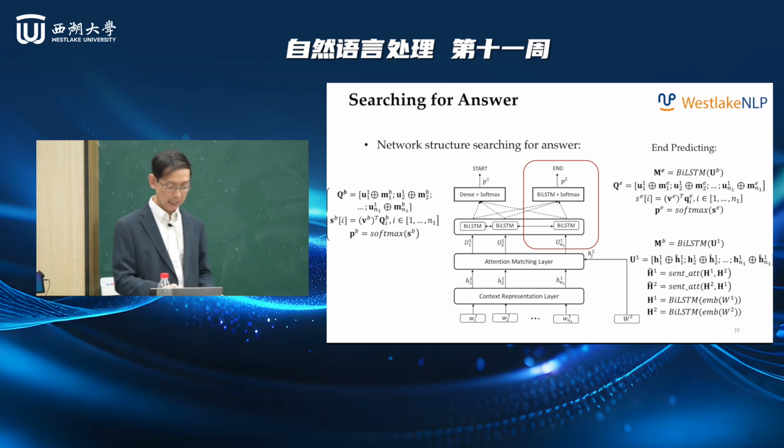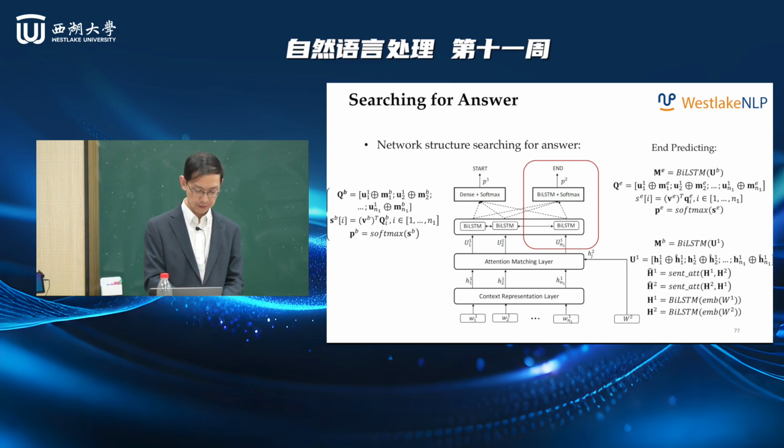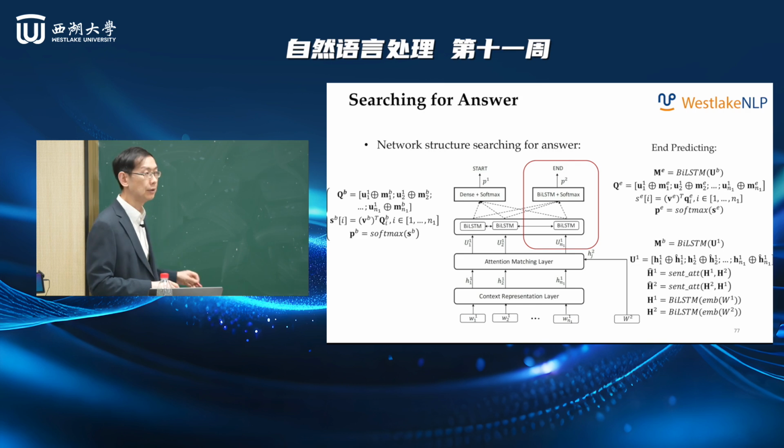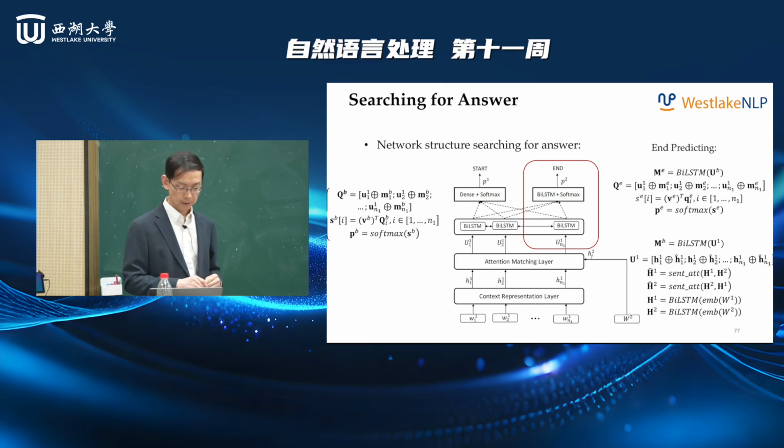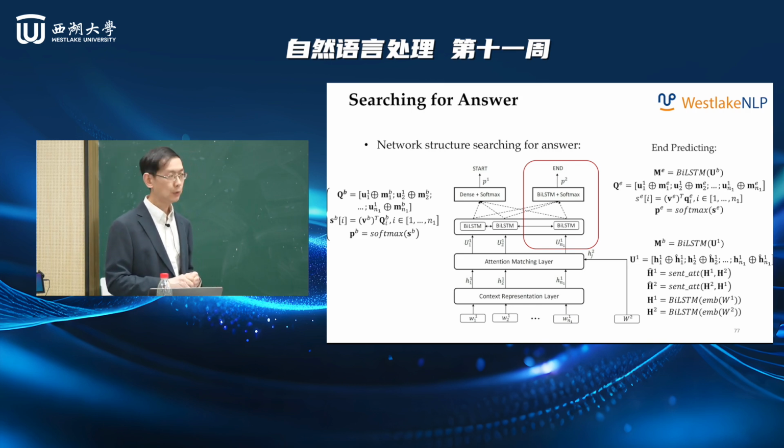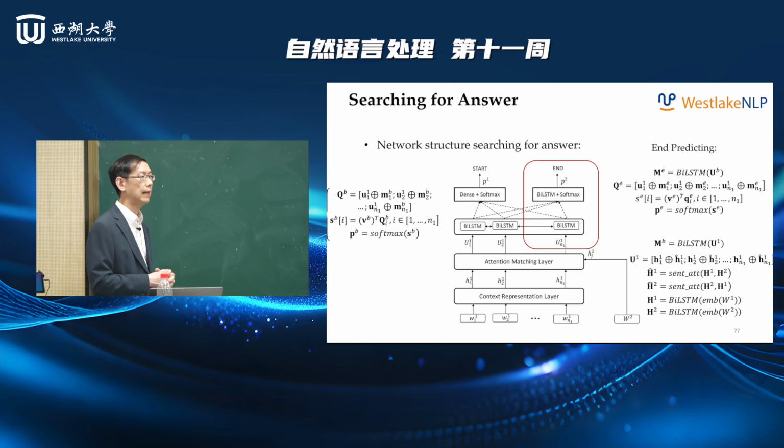And then I use these ME features to calculate a new encoding feature sequence called QE. And over this QE, I can predict which word is the end of the answer span.